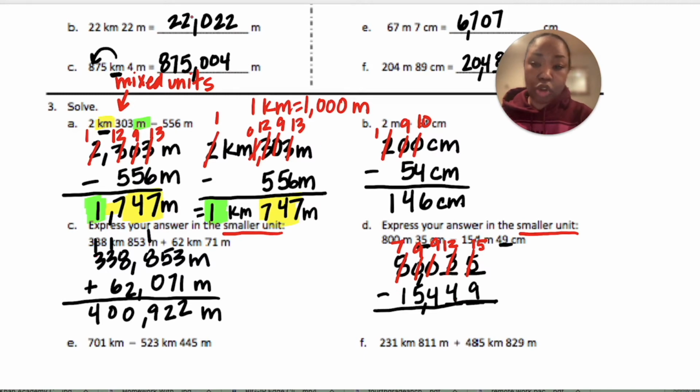Now I can subtract. 15 minus 9 is 6, 12 minus 4 is 8. 9 minus 4 is 5. 9 minus 5 is 4. 7 minus 1 is 6. That makes 64,586 centimeters.